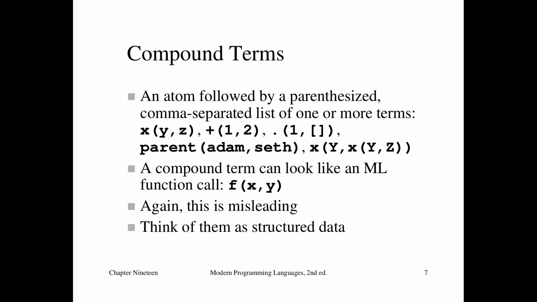Now note that this is not a function. We don't really have the same type of concept as a function from ML, so do not think about this as a function call from ML or a method call in Java. That would be misleading. We should think about this as a data structure that we are constructing.